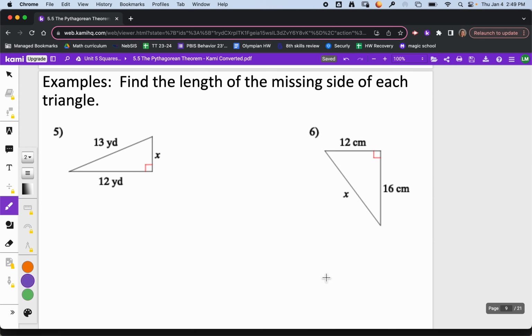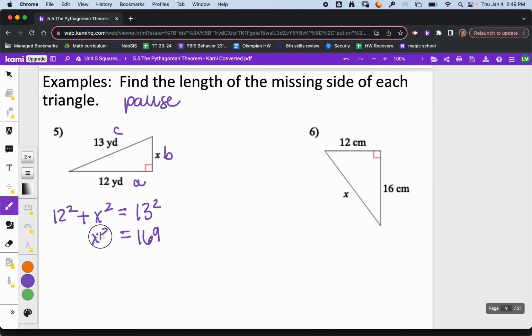Again, let's try 5 and 6. You try it first by pausing the video, and when you're ready to check, click play. All right, we've got A, B, and C going on here, so we can say 12 squared plus x squared equals 13 squared. I know 13 squared is 169, x squared is unknown, 12 squared is 144.